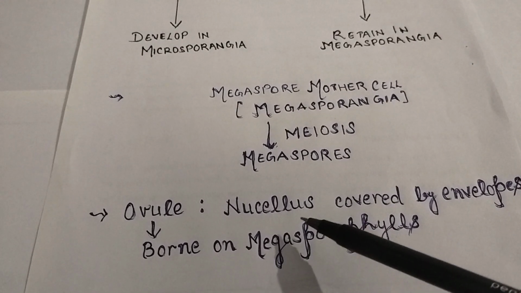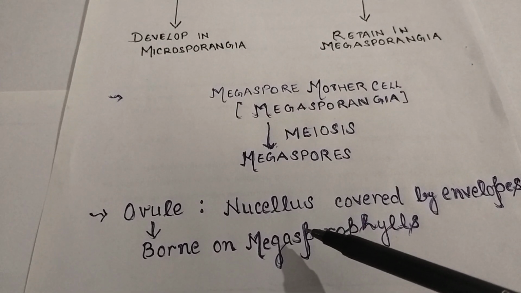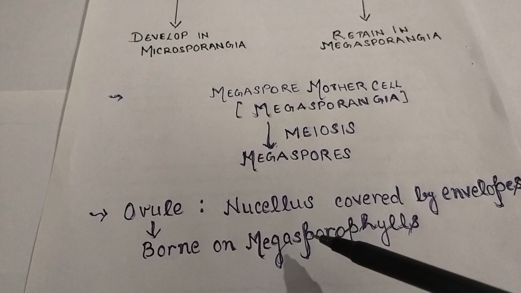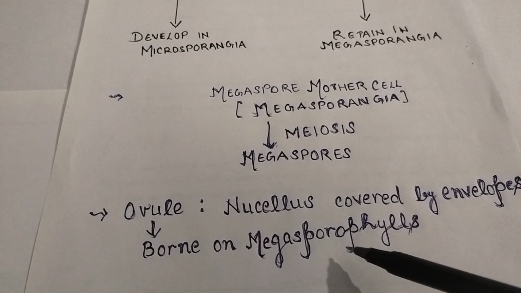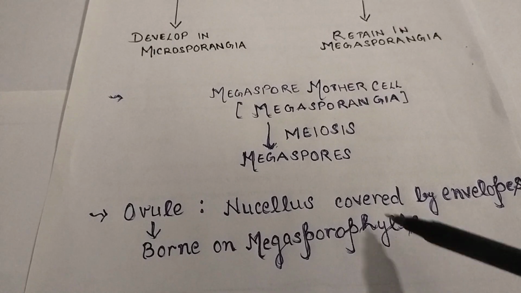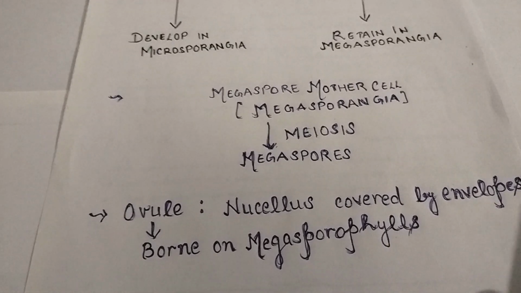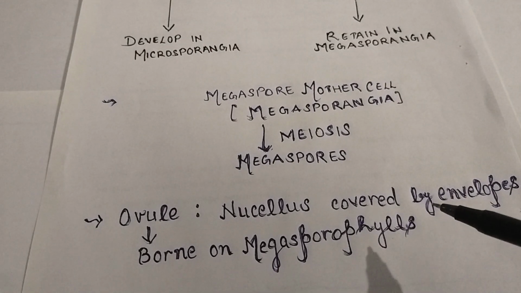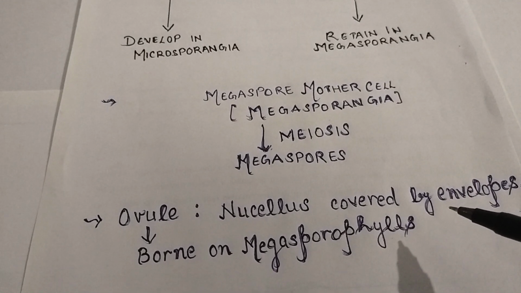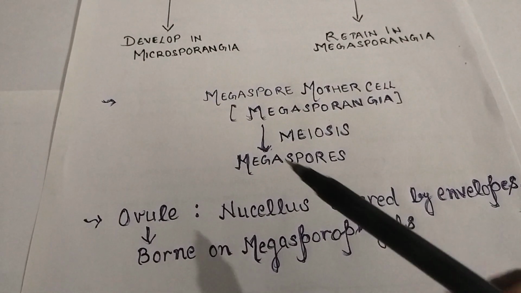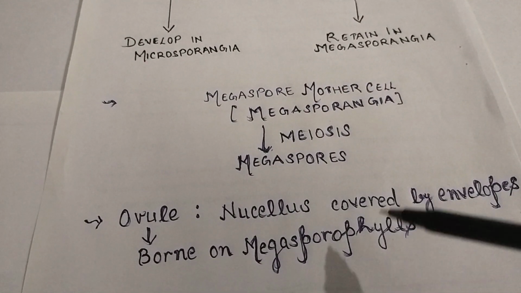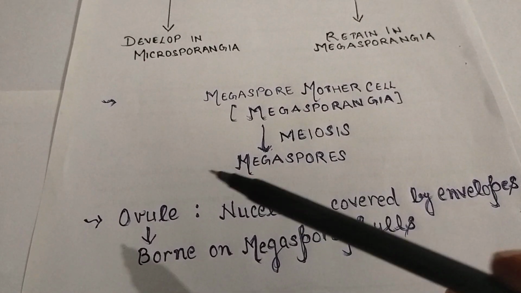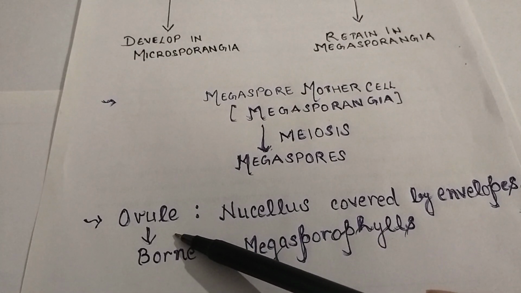The nucellus is protected or covered by envelopes, by envelopes means by coverings. The nucellus is covered by coverings, that is envelopes, and this composite structure is called an ovule. Okay.